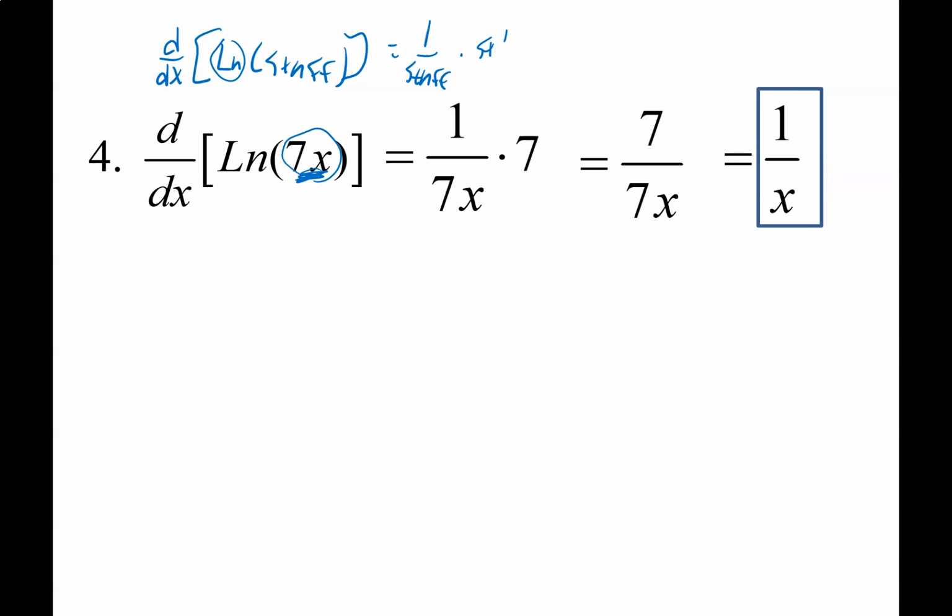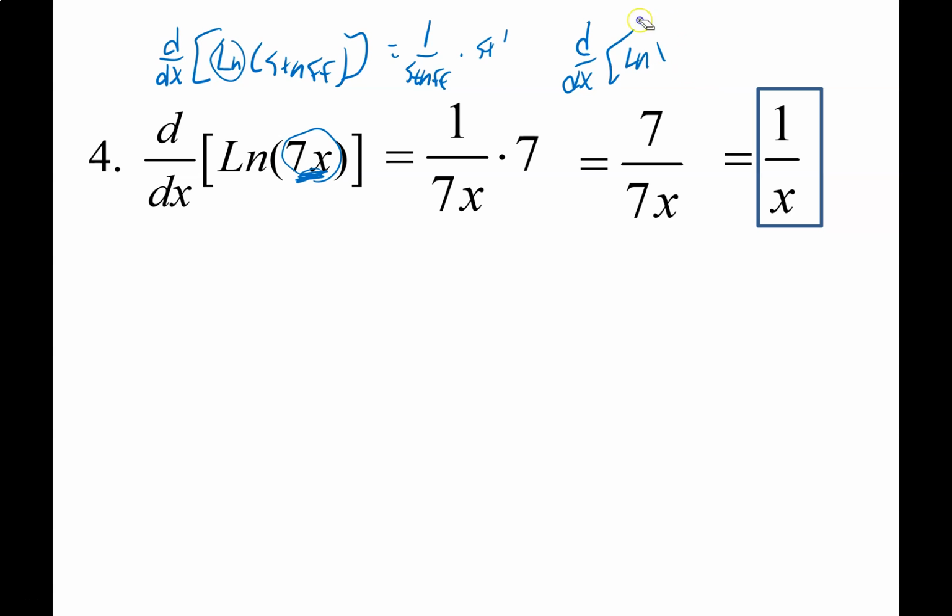You say, whoa, that's kind of cool, because the derivative with respect to x of ln of x was also 1 over x. So maybe you've got this thing going on in your head that the derivative of any ln is just 1 over x. No, don't take that away. It's not true.